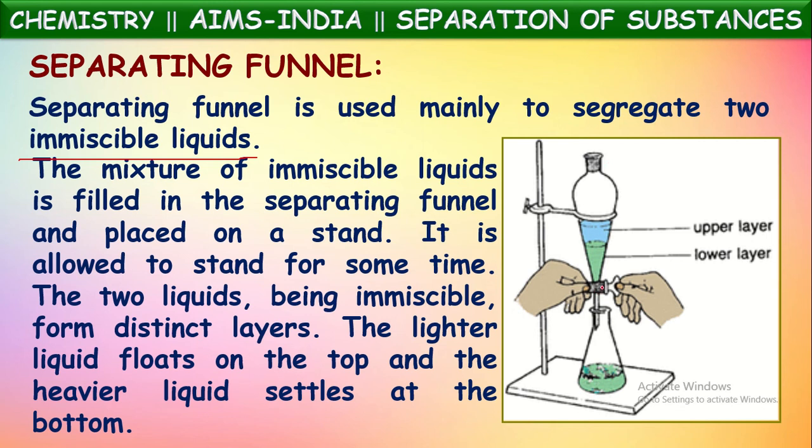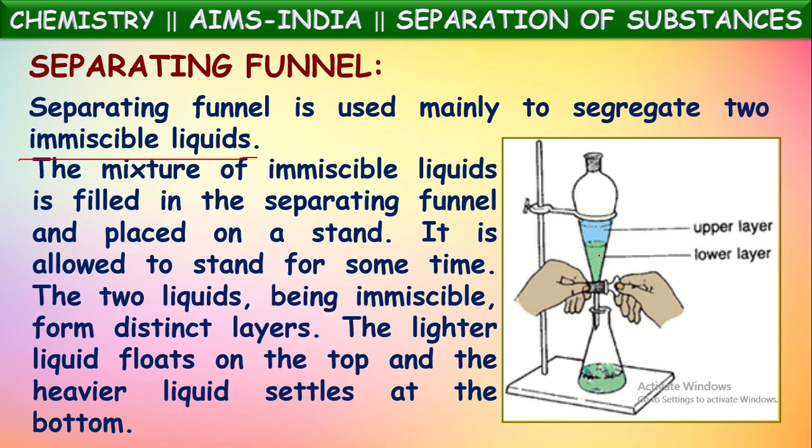Now the mixture of immiscible liquids is filled in the separating funnel and placed on the stand. So what happens now? We take the mixture of oil and water into this separating funnel, and it is fixed to a stand. A conical flask is kept at the bottom of this neck. Now slowly the tap is opened.